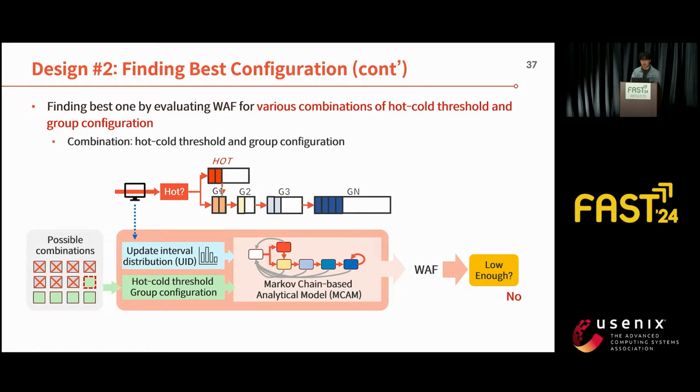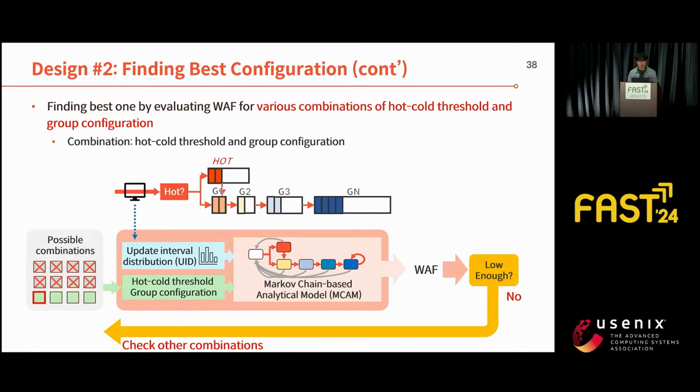If the predicted WAF is not low, MiDAS evaluates a new combination and repeats the process until finding a combination which can provide sufficiently low WAF. This is the overall workflow to find and apply the best combination to the system using our WAF prediction system.